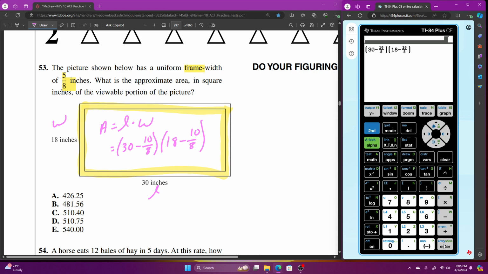Notice how I'm using my arrows, and I want to get my answer as a decimal, not a fraction. Option 2. And there we go. We're on the answer already. Number 53.